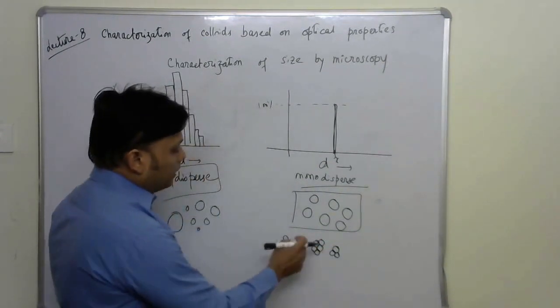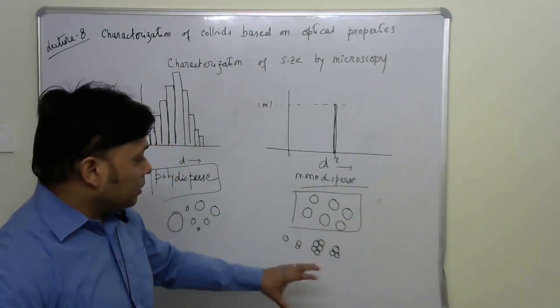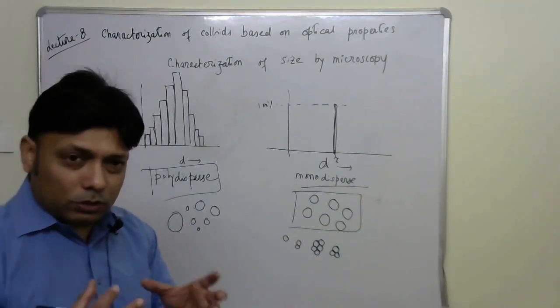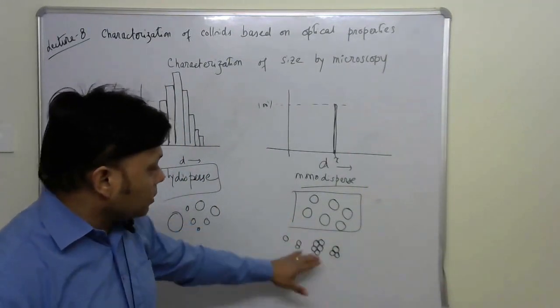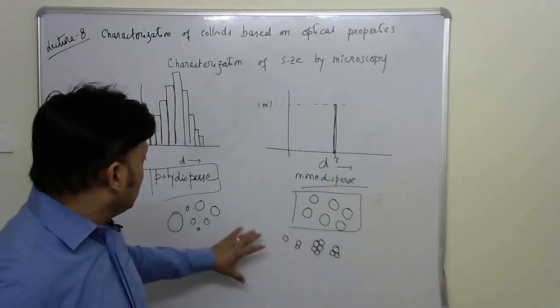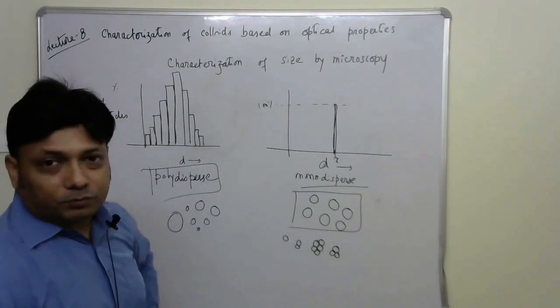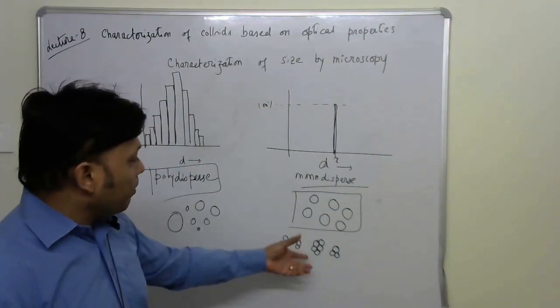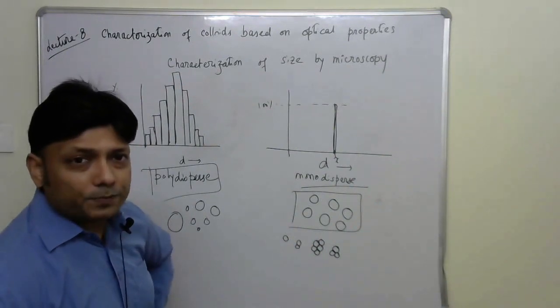So although each of the particles is almost the same size, due to their different degrees of association with one another, with different degrees of aggregation or agglomeration, we still have polydispersity appearing. It actually depends on the nature of the colloids and their surface properties.